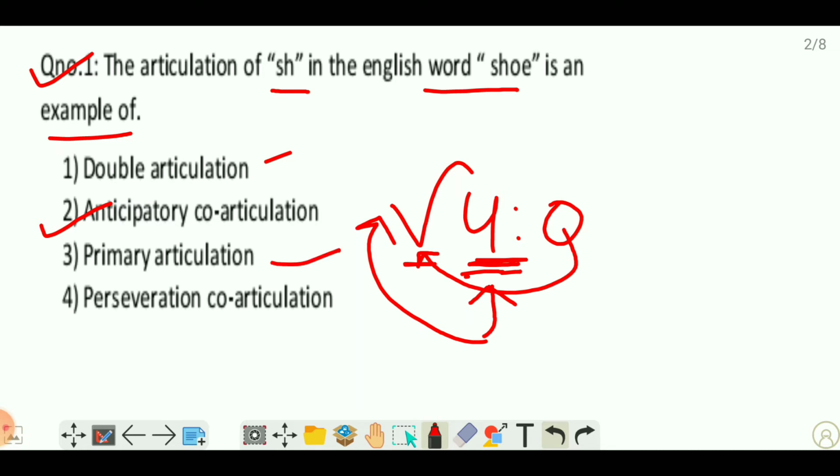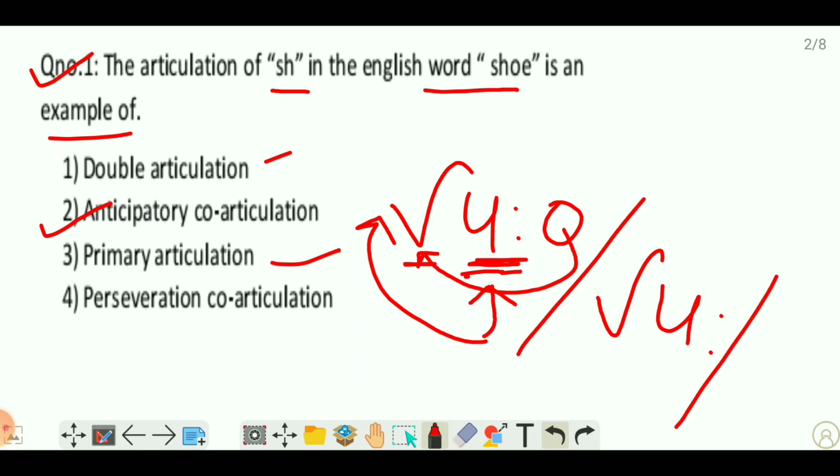Primary articulation means during the production of certain sounds, some articulation receives more prominence than the other. So the former is called primary articulation and the latter is called secondary articulation. For example, in the word shoe, the sh sound is a post-alveolar fricative.